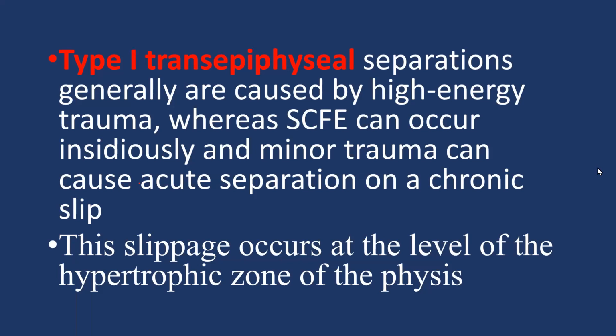They are generally caused by high energy trauma, whereas slipped capital epiphysis can occur insidiously, very slowly, and minor trauma can cause acute separation on a chronic slip. This slippage occurs at the level of the hypertrophic zone of the physis.